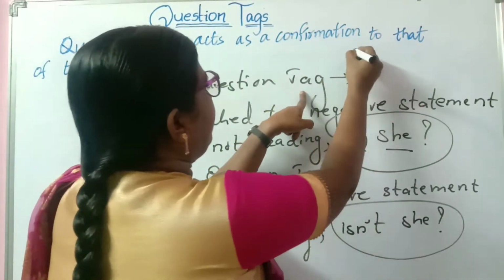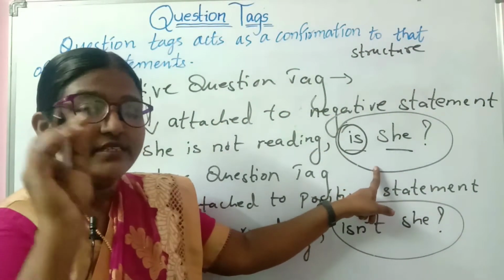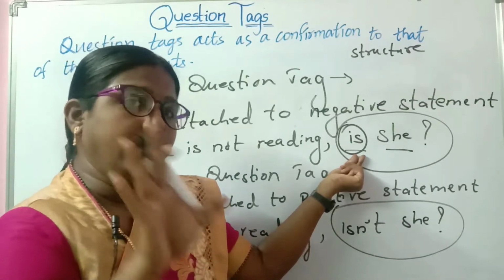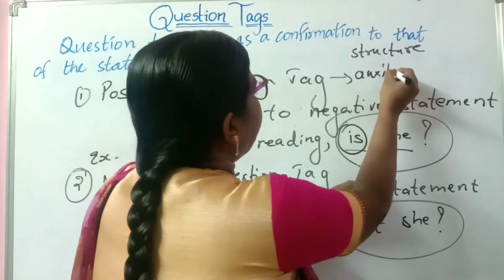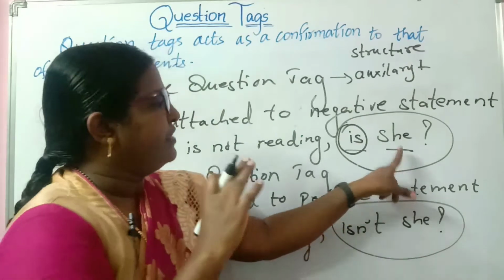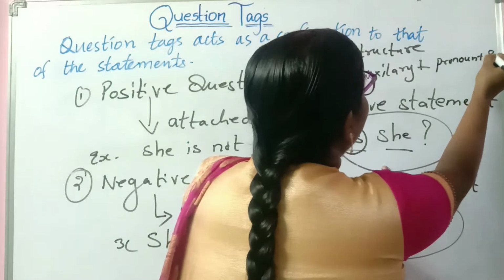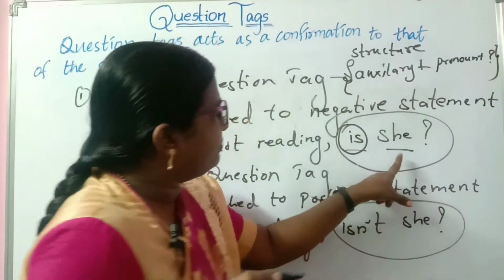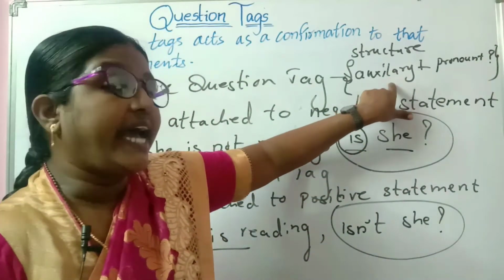So, the structure for a positive tag is auxiliary plus, next what is this? It is a pronoun. Auxiliary plus pronoun plus question mark. This is the structure for a positive question tag.